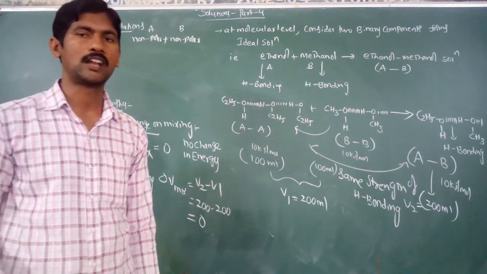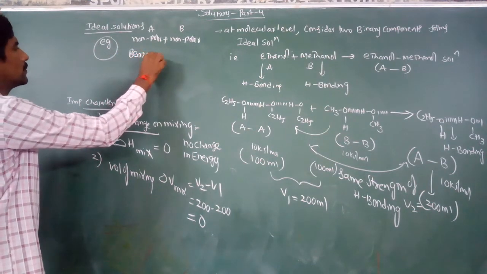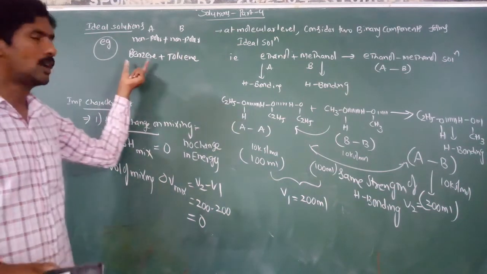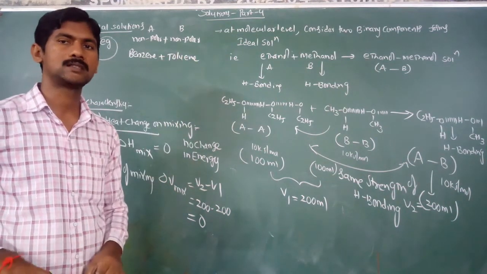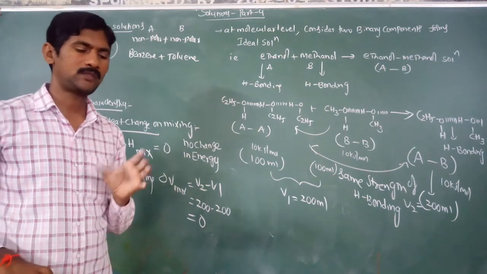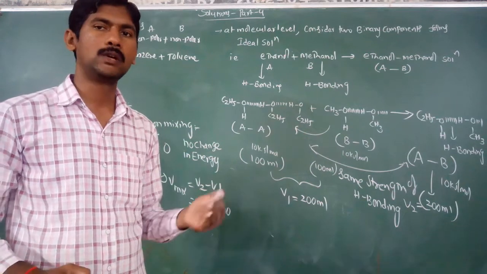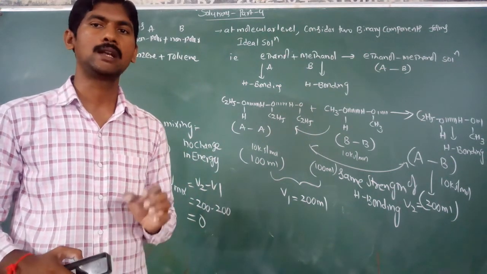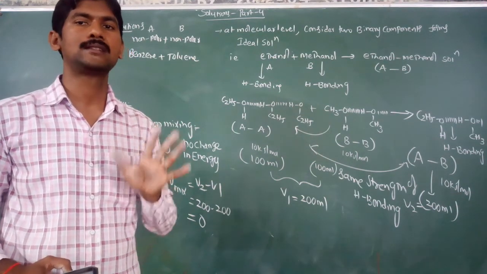For example, benzene and toluene. Benzene is non-polar, toluene is non-polar. These can form ideal solutions. Which type of systems can form ideal solutions? After adding one component to another, there is no change in the magnitude of intermolecular forces of attractions. Only those can form ideal solutions.